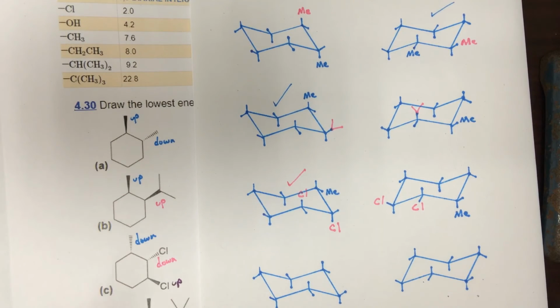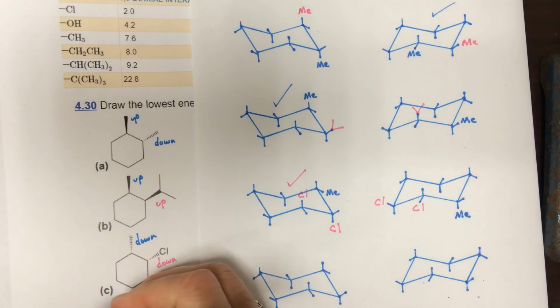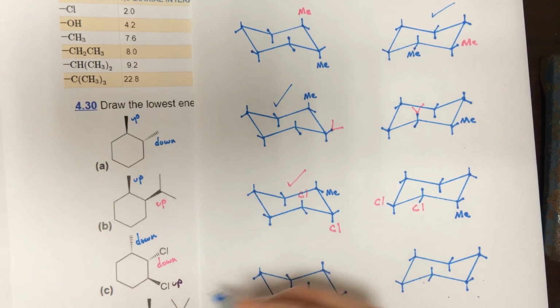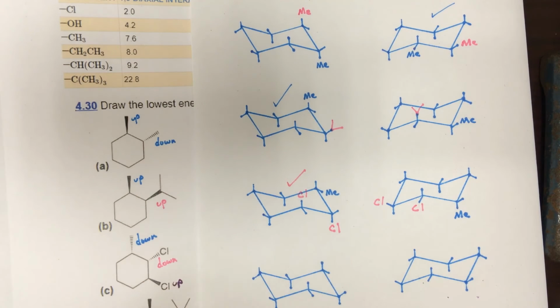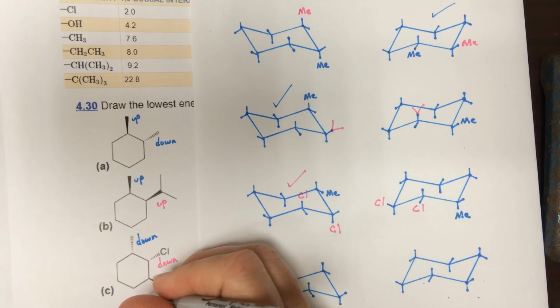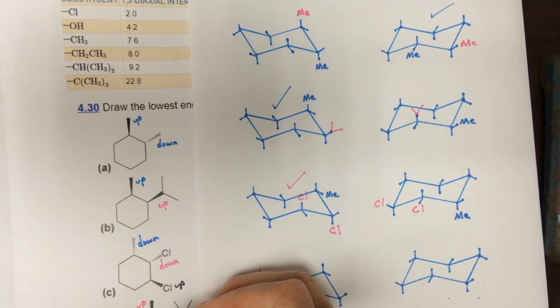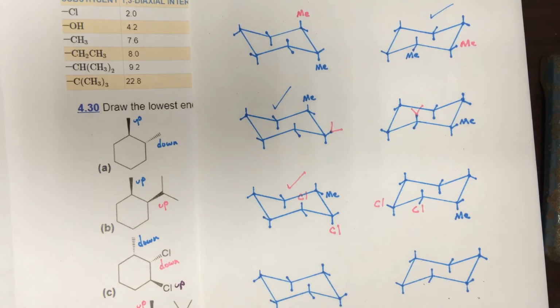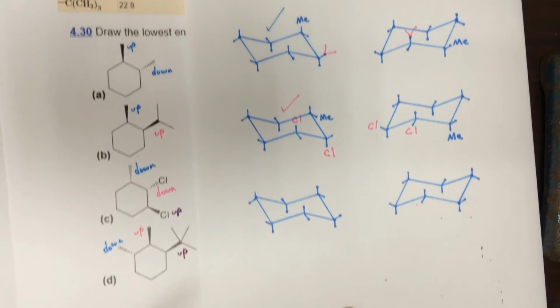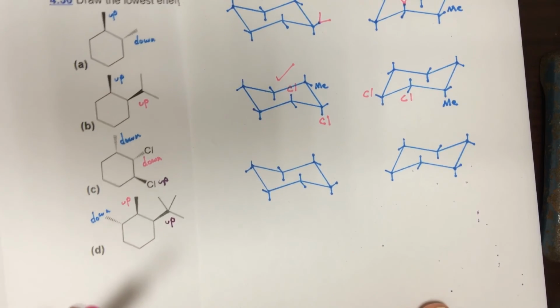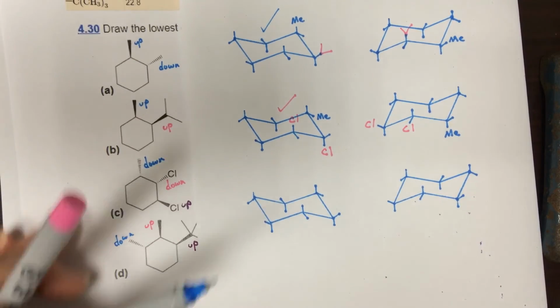Okay, so here we've got a methyl that's down, a methyl that's up, and I will try and use the 3 colors this time, and a T-butyl that's up.